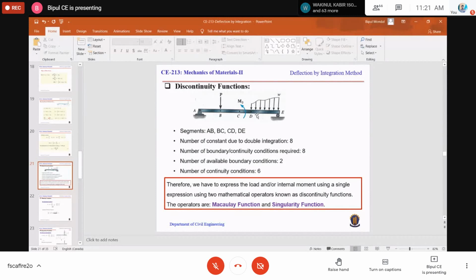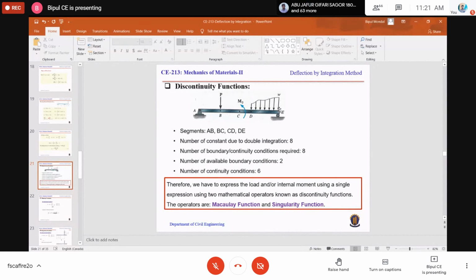But look at the figure. Here, the applied distributed load starts at D, but it ends at the end of the beam. That means it is the end of the beam E. Okay, this is the beam.